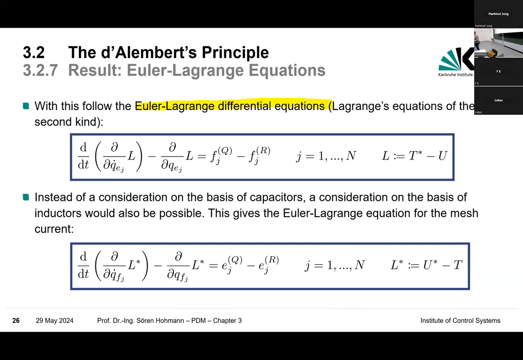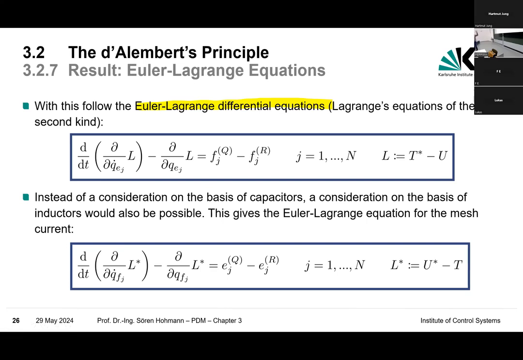What you should learn is the co-energy of capacitor storages minus the energy of inductive storages, because you have to be aware of this co-energy thing. So it's T star minus U, unfortunately.